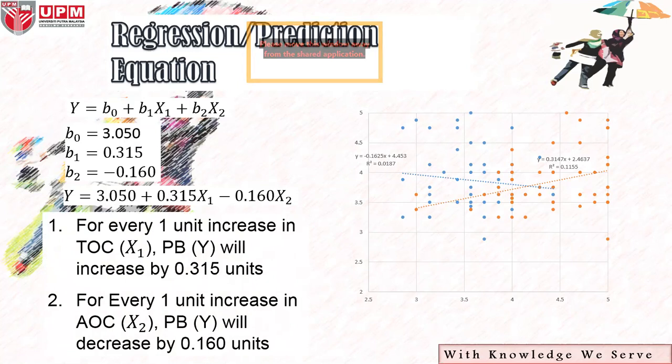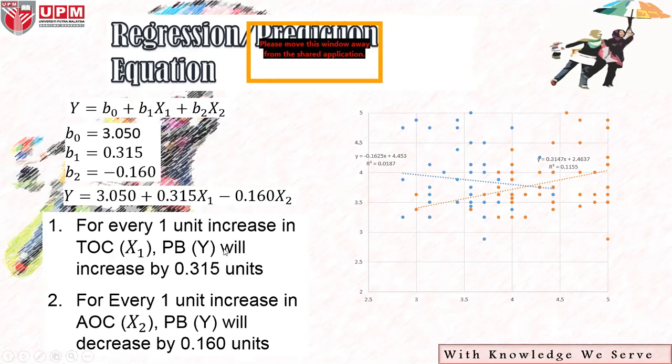From the equation we can interpret that for every 1 unit increase in task-oriented coping, philanthropic behavior will increase by 0.315 units, since the relationship is positive.